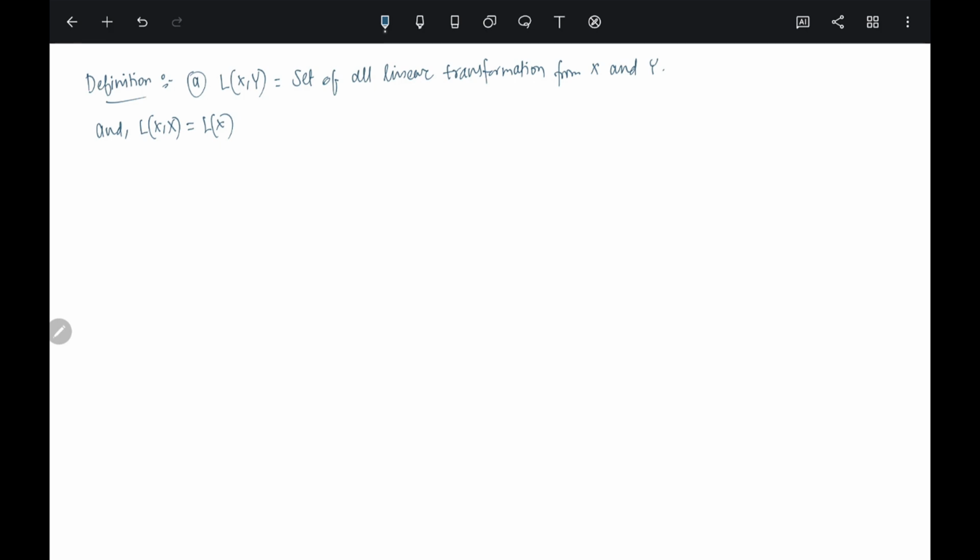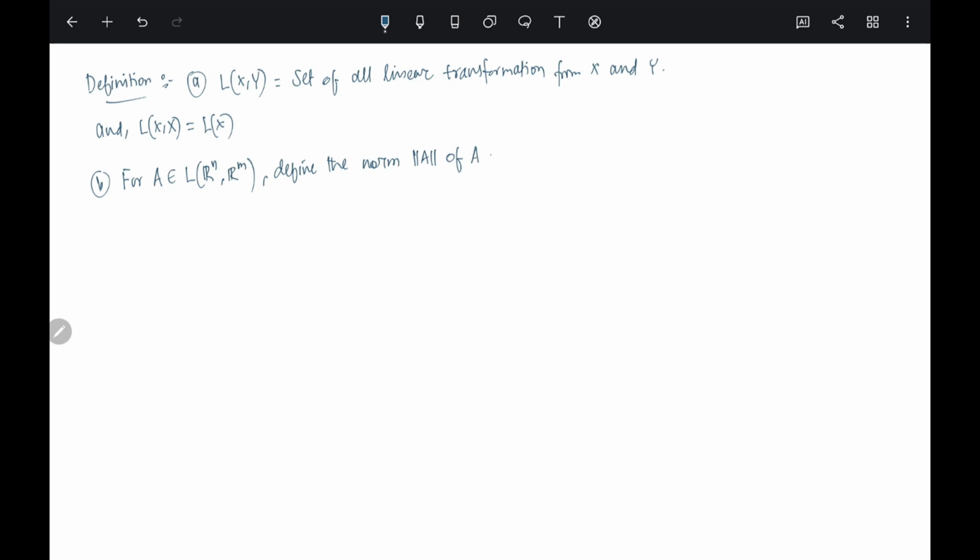Okay, now what we are going to do is define a very important notion. So we are going to define the norm. Let's say for a linear map A from Rn to Rm, we define the norm of A. And how do we define it?